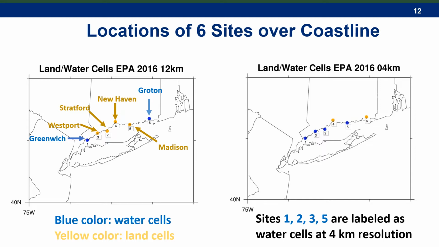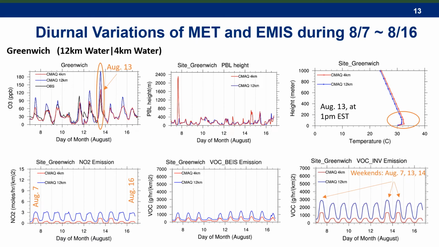Now, let's see how meteorological and emission data impact CMAQ performance at 4 km resolution. This slide shows the diurnal variation of meteorological and emission data during the time period of August 7 to 16 for site Greenwich. The top left 2 panels show simulated ozone and PBL height during that period.